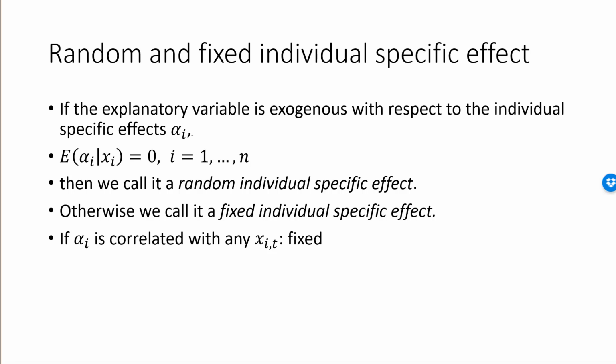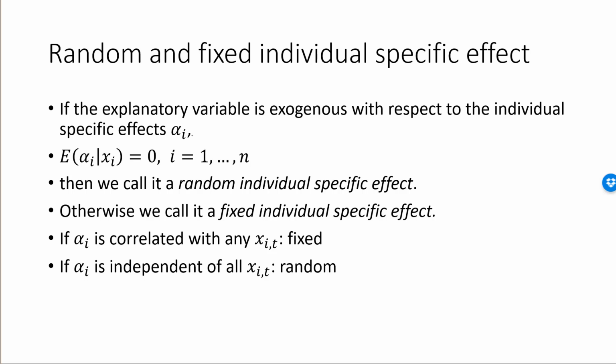On the other hand, if the individual specific effect is completely independent of all of the x_it's, then conditioning on x_i makes no difference, so the exogeneity assumption will hold in this case. You may remember that this exogeneity assumption is somewhere in between no correlation and independence. So for the rest of the lecture, let's assume that we have a random individual specific effect.